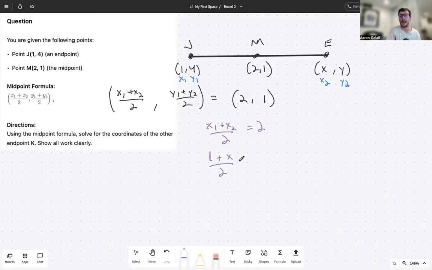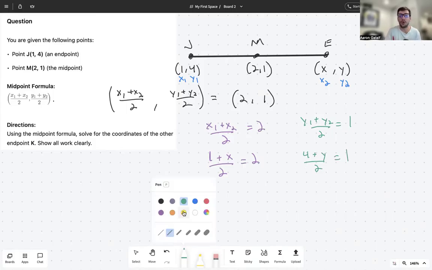So (1 plus x) over 2 is equal to 2. And we can set up the y as well, where y1 plus y2 over 2 is equal to the y value. Then we can replace y1 with 4 and y2 with just y because we labeled it as such. And this equation is thus true.